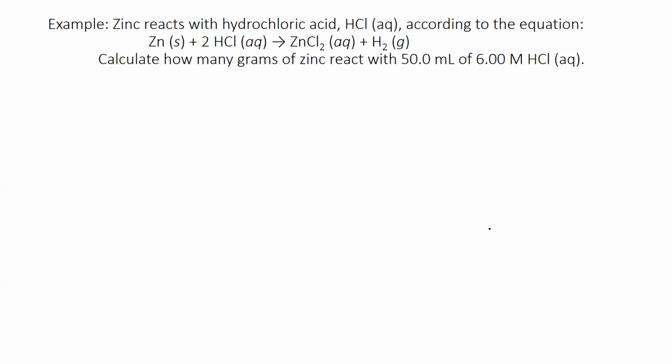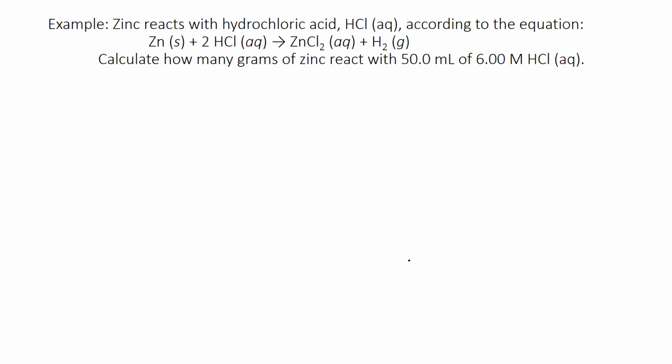All right, so for that, we're going to go ahead and do an example problem. This works with any balanced chemical equation. It doesn't have to be a net ionic or a total ionic equation. A molecular equation would work. You can calculate how many grams of a reactant will be needed to react with a certain concentration and volume of another reactant.